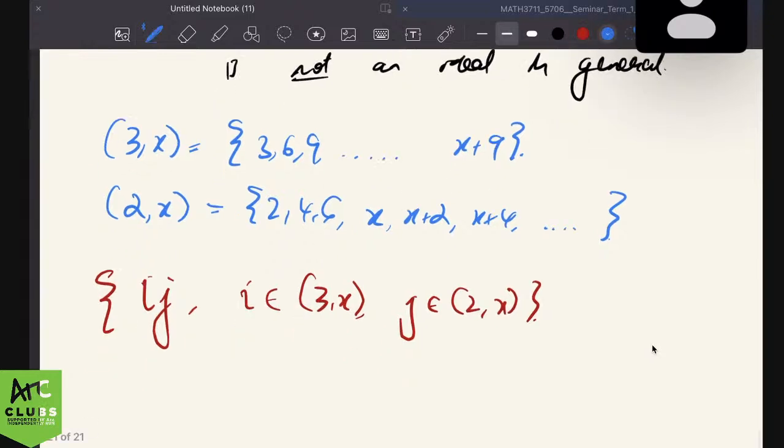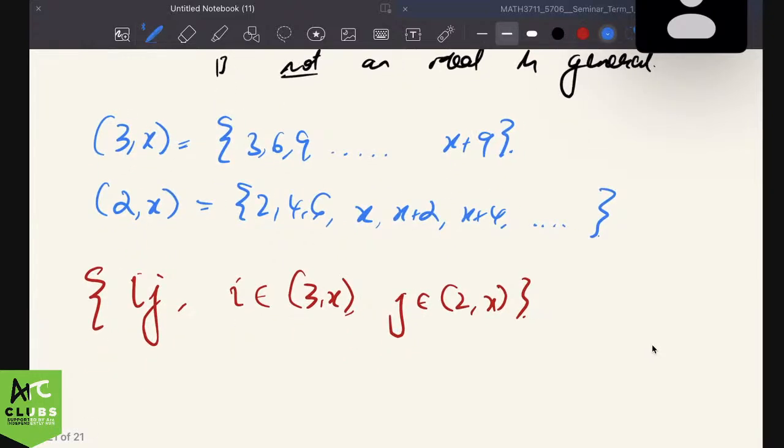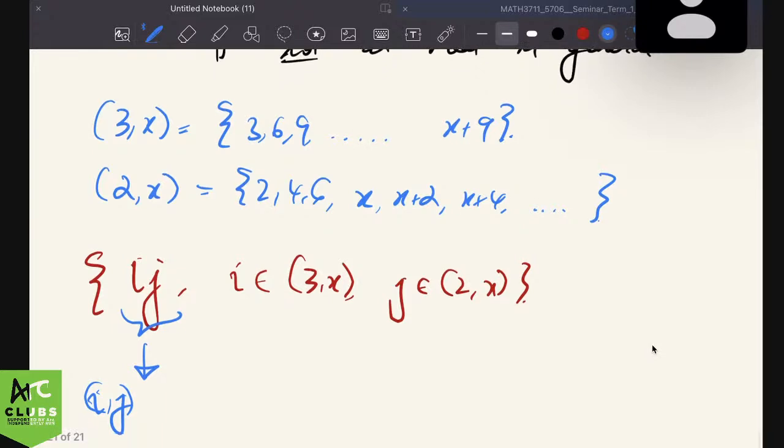What you could potentially do is think about how you can find the elements of IJ.